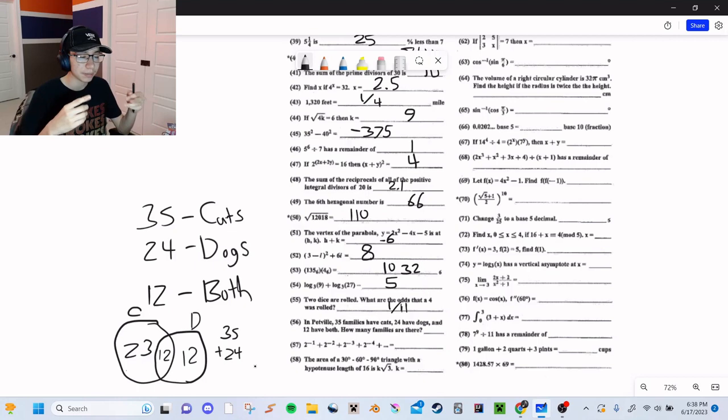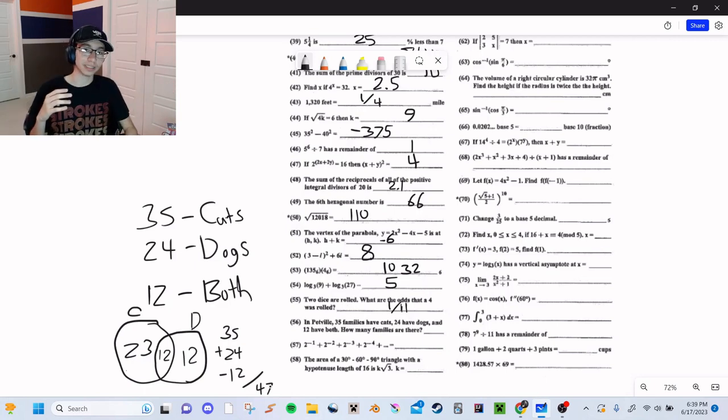So we're going to add up the families that have cats, the families that have dogs, and subtract the amount that have both. And that's also going to get us 47. Our answer right there. That's a lot easier. That's really easy. But why does it work?